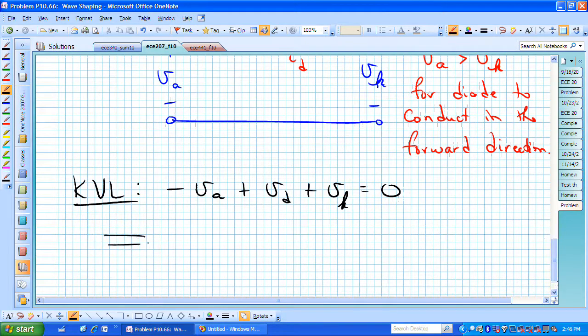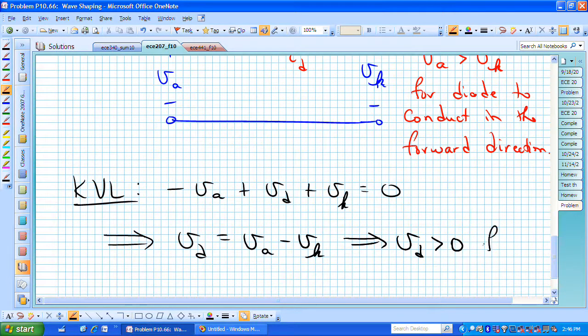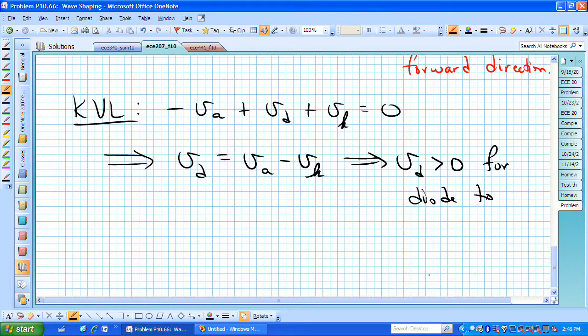If we solve that for our diode voltage V sub D, that's V sub A minus V sub K, and if V sub D is positive, that's what we need for the diode to conduct, and that means that the anode voltage, or that pin, is going to be more positive, or V sub A is bigger than V sub K. So V sub D is greater than 0 for the diode to conduct, and that's what we had said we needed to have happen.